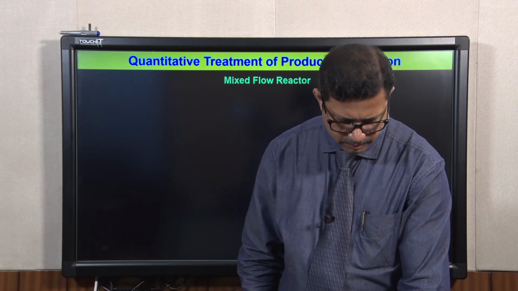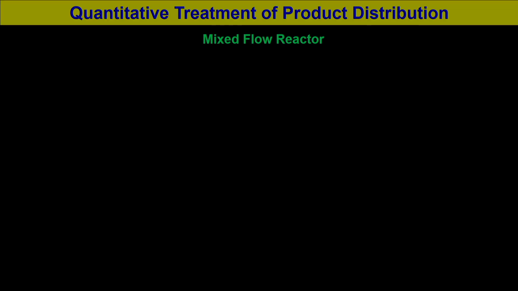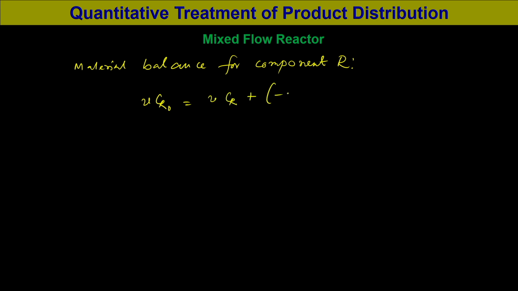Now, if we do the material balance for component R, we can write V (volumetric flow rate) into Cr naught is equal to volumetric flow rate into Cr plus minus Ra into V. Or we can write, CR naught is 0 as we have assumed.